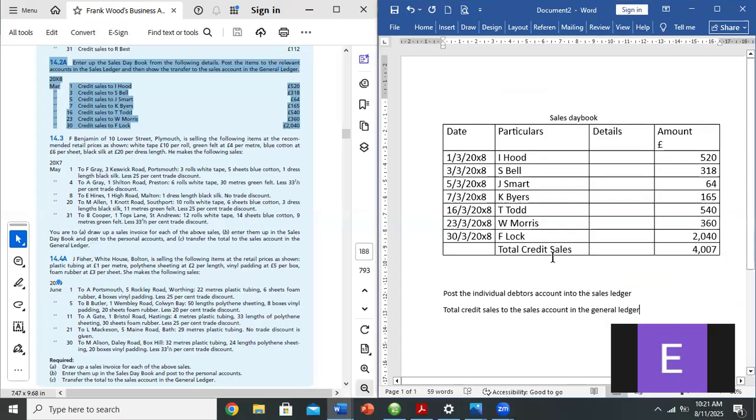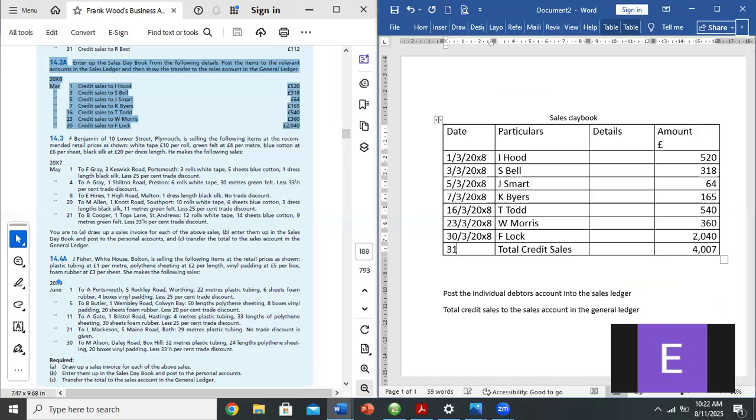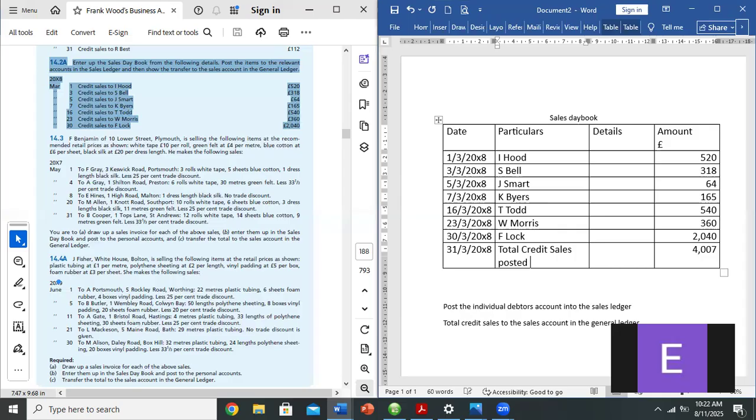And then the total sales, we post or transfer it to the general ledger using the closing date of the period. So here the period we looked at was March, right? So March has a closing date of 31st, 20x8.